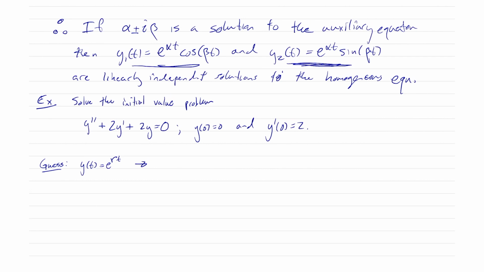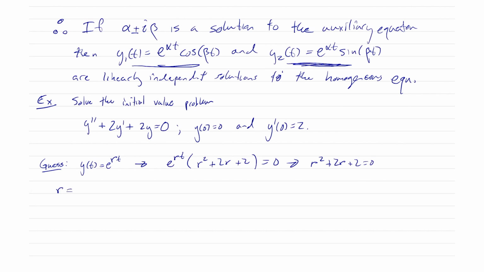Then that changes this equation to e to the rt times r squared plus 2r plus 2 is equal to 0. And again, that gives us r squared plus 2r plus 2 is equal to 0. This is something we're going to have to solve with a quadratic equation.